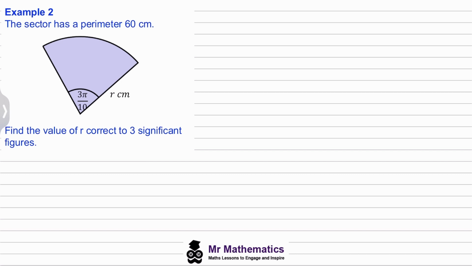Okay, so how did you get on with that? If we call the arc length L, then we know the perimeter will be 2 lots of the radius plus the arc length. And the perimeter we're told is 60. This will be 2r plus the arc length, which will be theta times the radius. So then we can tidy this up. We've got the 60.